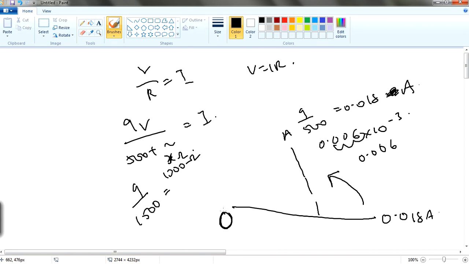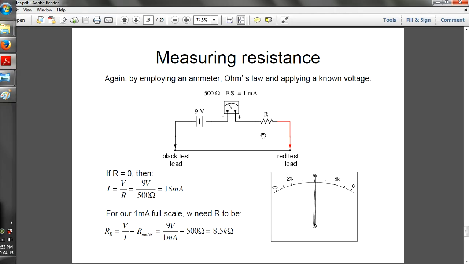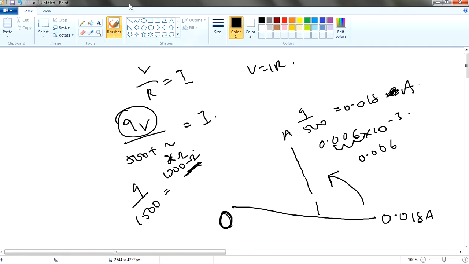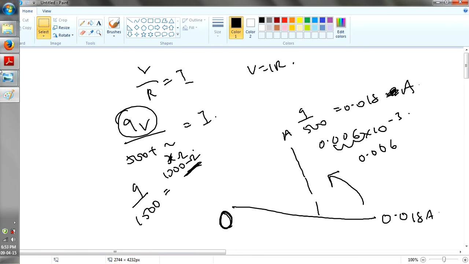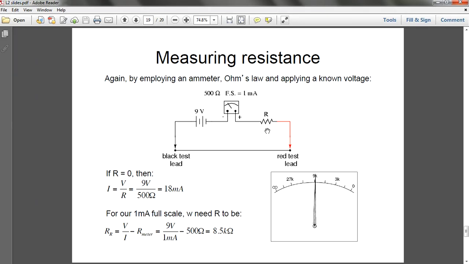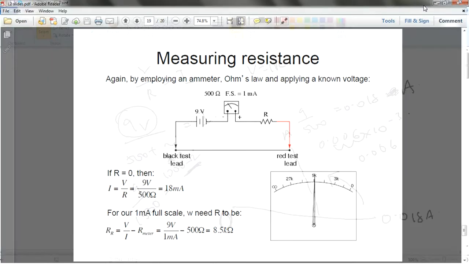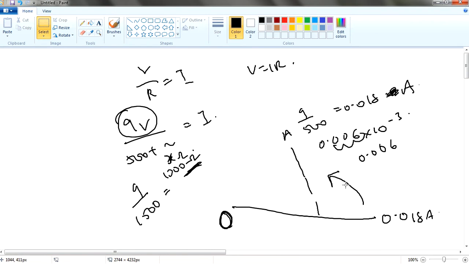This is 0. So as your resistance is getting higher, you'll go towards the 0 side. You're going to alter some voltages in this case, but they didn't draw it out over here. They only say that there's a fixed voltage, but you may also need a certain range of voltage to cater to different ranges of resistors that you are measuring. If not, you're going to go way over the chart again.